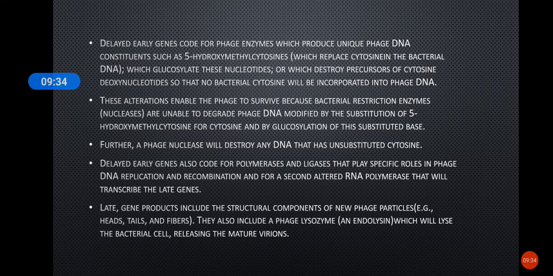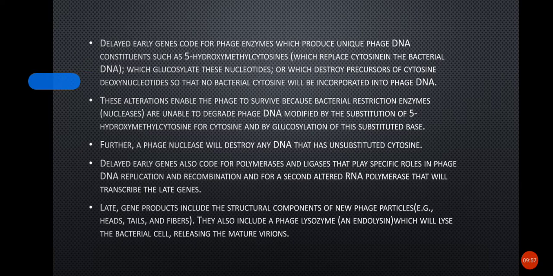They code for phage enzymes which produce unique phage DNA constituents such as 5-hydroxymethyl cytosines, and they glycosylate the nucleotides, and they also destroy the precursors of cytosine deoxynucleotides so that no bacterial cytosine is incorporated into the phage DNA.